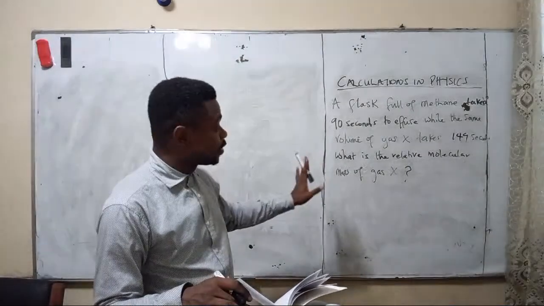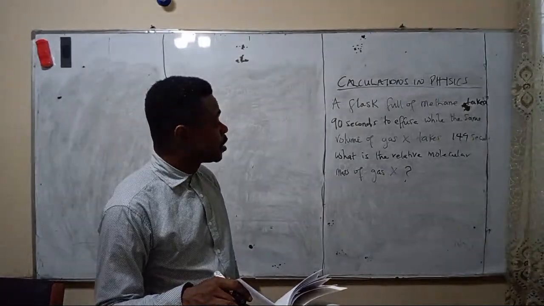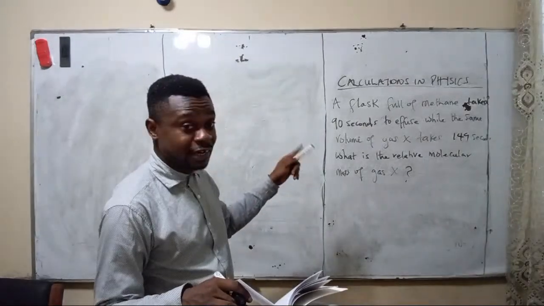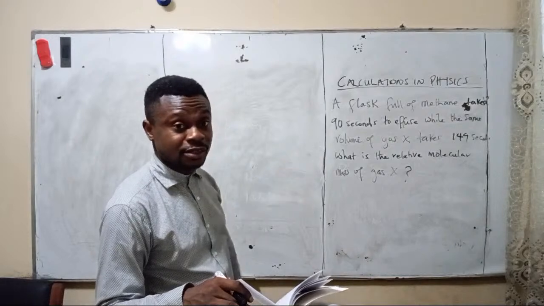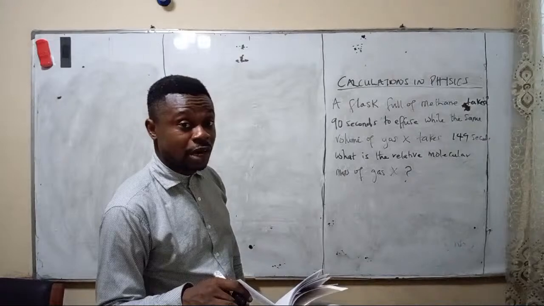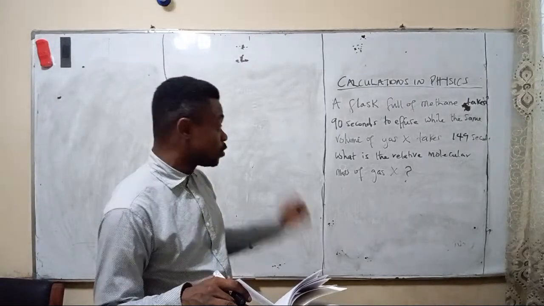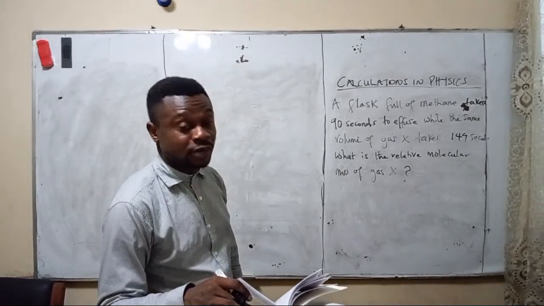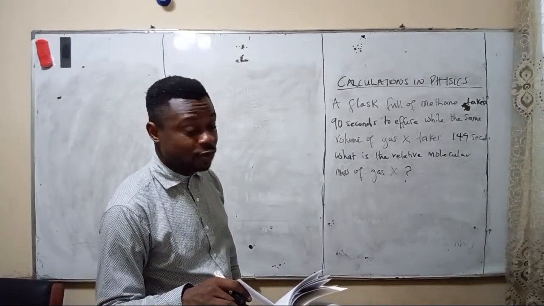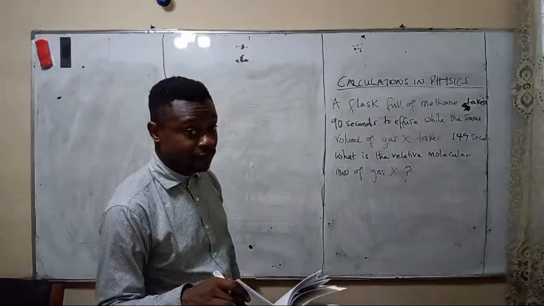At normal atmospheric conditions, Graham's law is trying to let us know that the rate of diffusion is inversely proportional to the square root of the relative molecular mass of the gas.